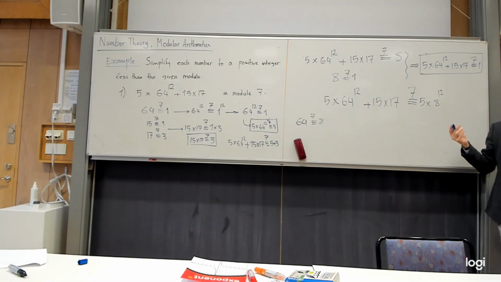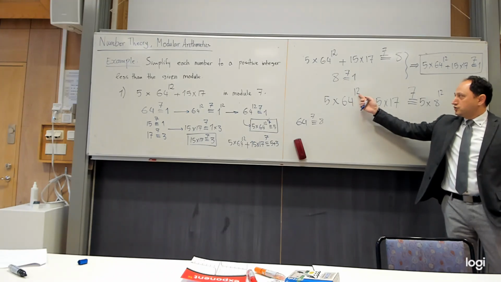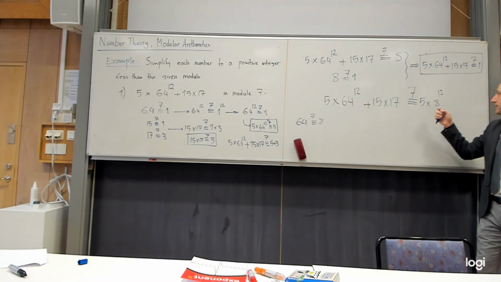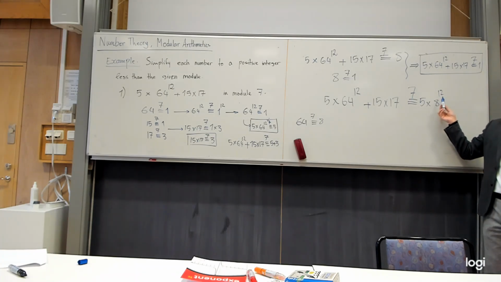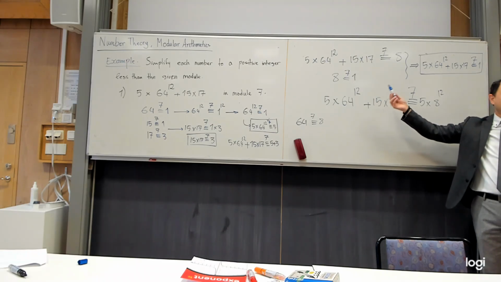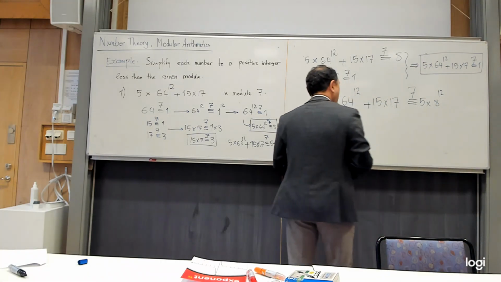But that is for me again the same problem. Of course, 64 to power 12 is much larger than this number. But if I want to do it by hand, there is no difference for me between 8 to power 12 and of course 64 to power 12. Here I also need to multiply 8 by itself 12 times, which is still time consuming. So this is why you need to be a little bit patient.